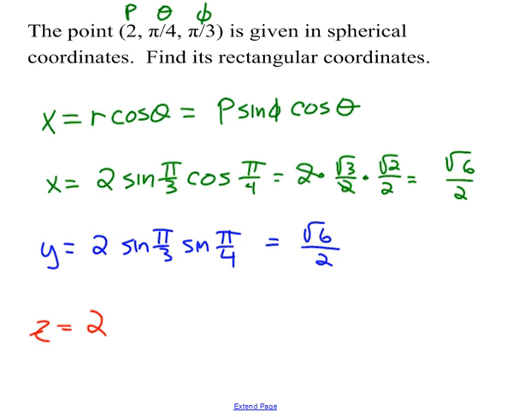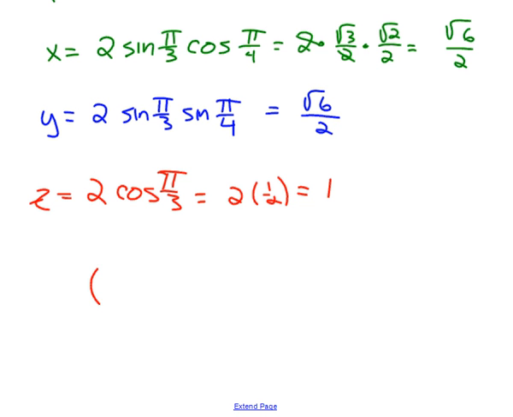It's 2 cosine of phi, which was pi over 3, and that is 2 times 1/2, or 1. And so my point in rectangular is root 6 over 2, root 6 over 2, 1.